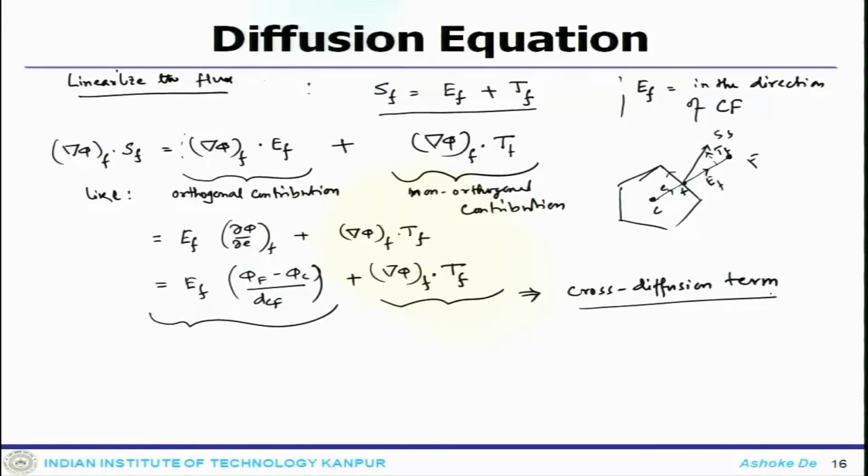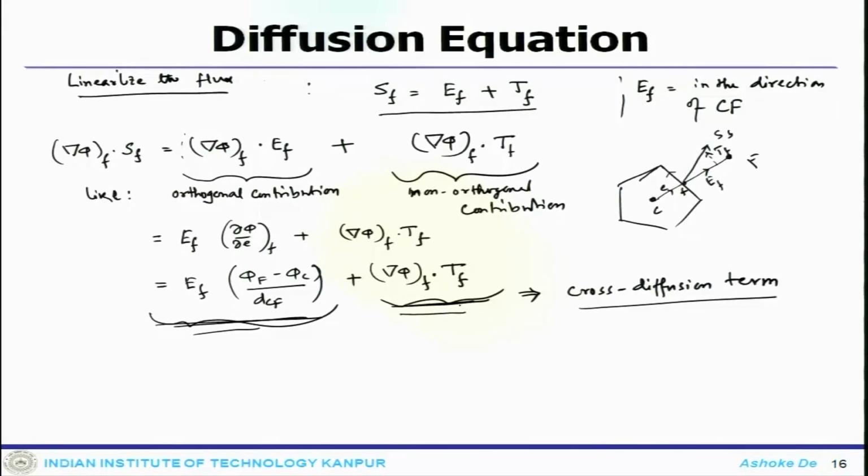This is where the difference appears between an orthogonal and a non-orthogonal system. When you have a purely orthogonal system, you just get this contribution, and when you have a non-orthogonal system, you get this contribution plus this contribution. So, this is the difference.